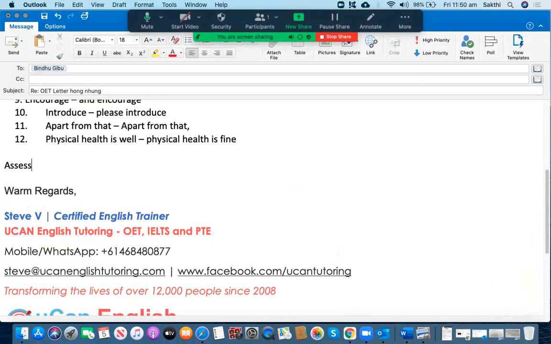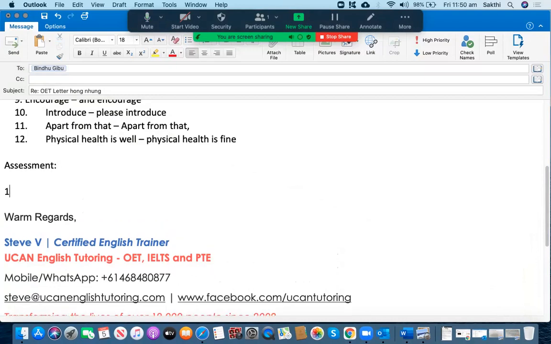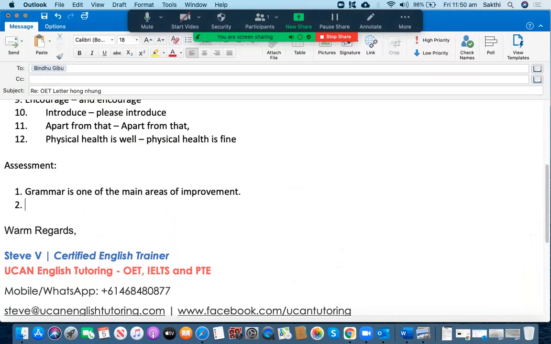Let me go through the assessment factors now. So firstly, grammar is one of the main areas of improvement because you have been committing some major mistakes that can be avoided. Okay. Placement of punctuation marks is another area of concern.